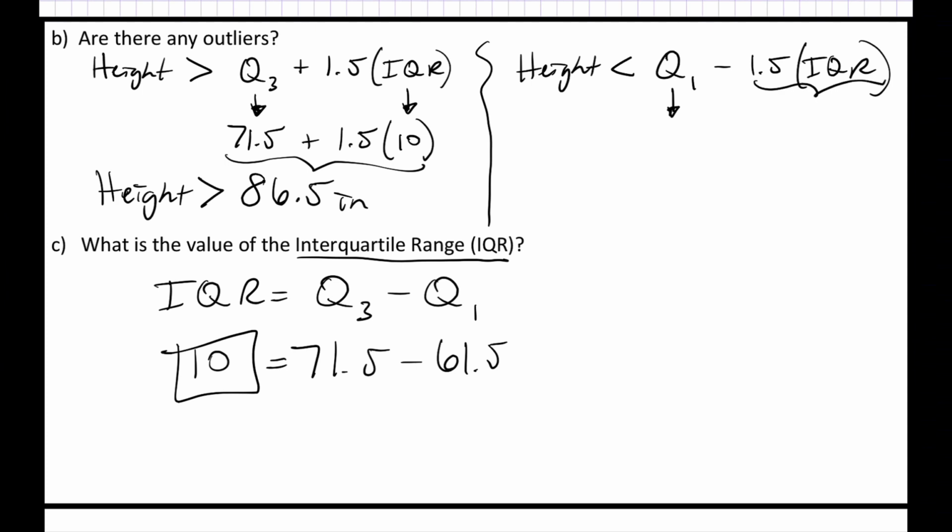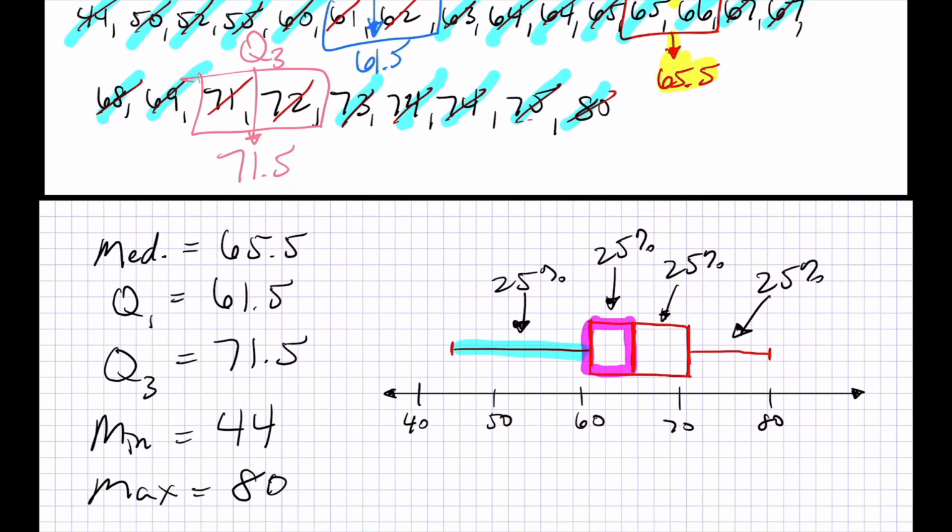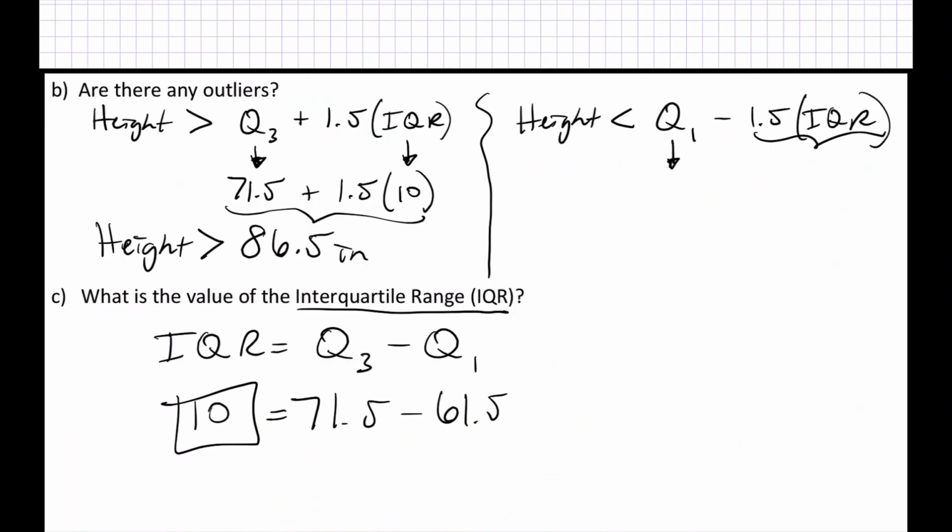So Q1 is 61.5 minus 1.5 times 10 again. It's the same IQR because it's the same set of data. So 61.5 minus 15 is, what do you get? 46.5?